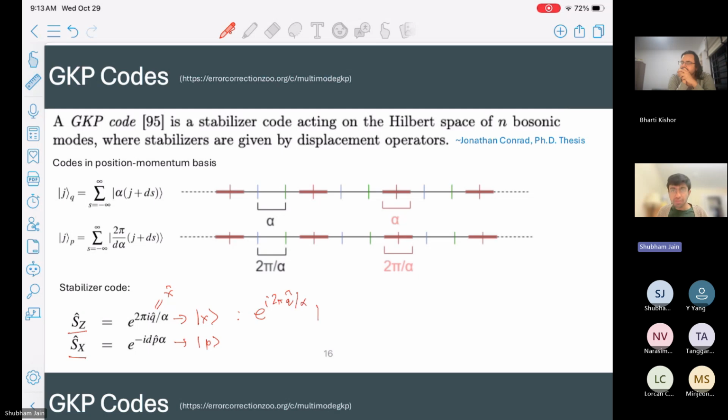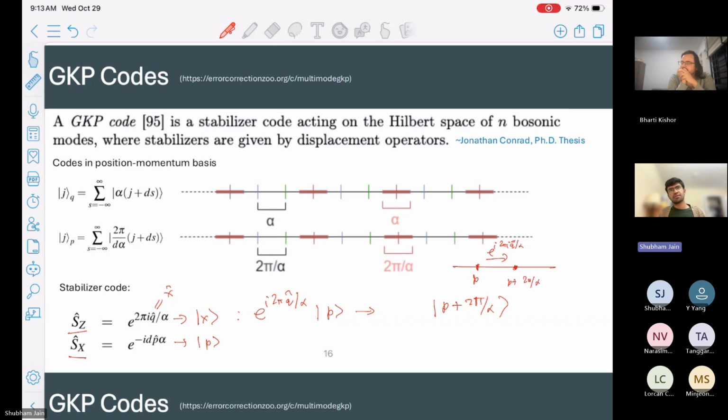So this guy, if you act on a momentum basis state with this operator, then you just get p plus 2 pi over alpha. So if you start out in any state p and you apply this e to the 2 pi i q over alpha operator, then you are just moved to this other state.